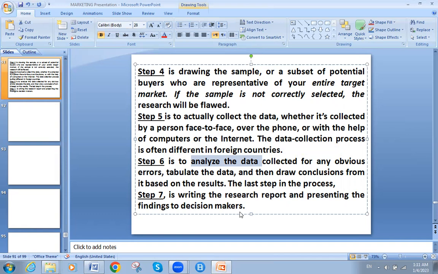That means the majority agree to offer this product in this area. Step 7 is writing the research report and presenting the findings for the use of the decision makers. Don't forget that the research is done for making a decision. The final purpose of the research is to make a good decision, because it will depend on real data.